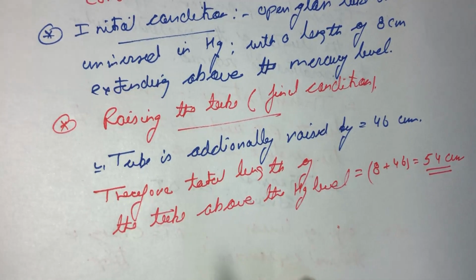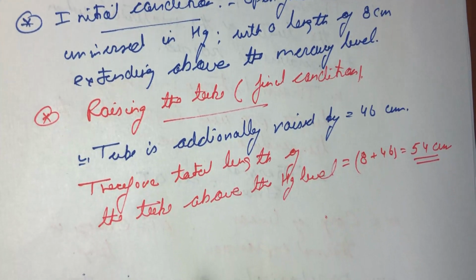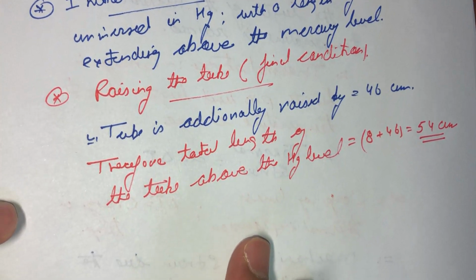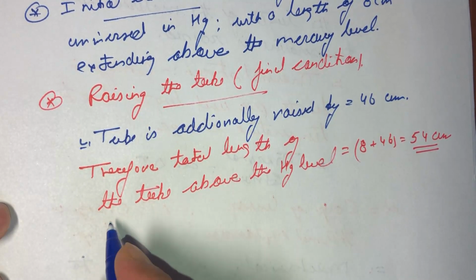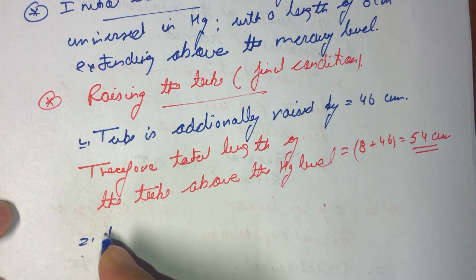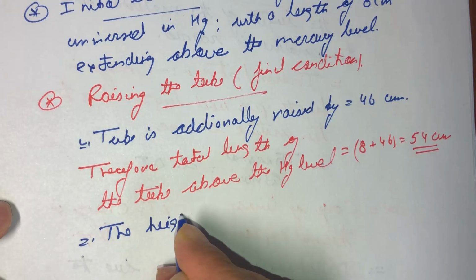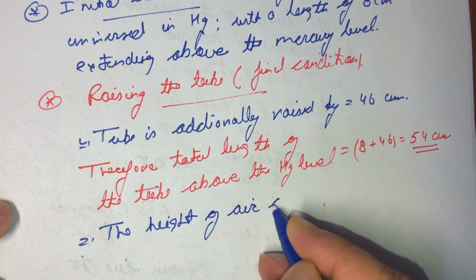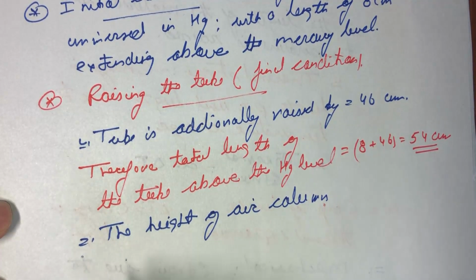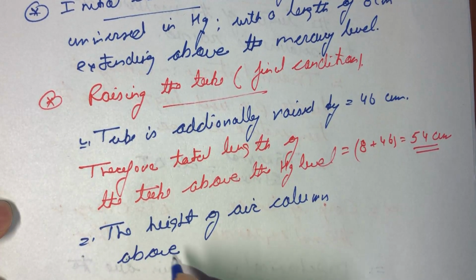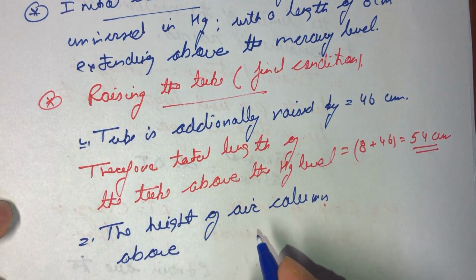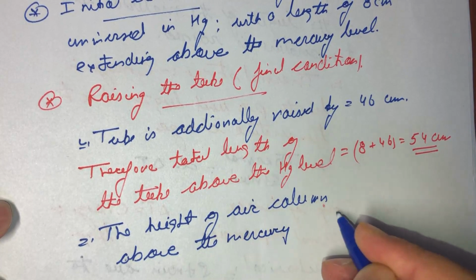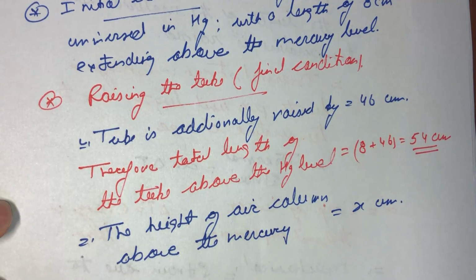And we assume the height of the air column above the mercury inside the tube in the final condition is x centimeters.